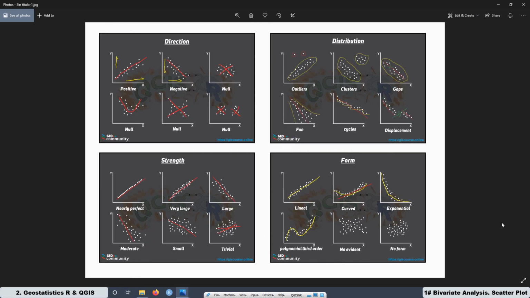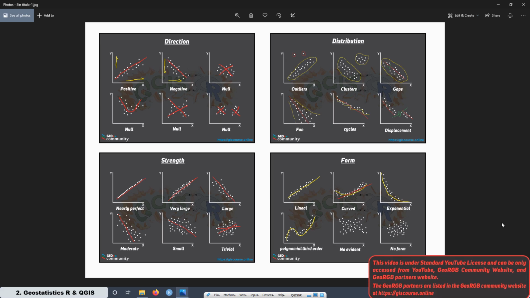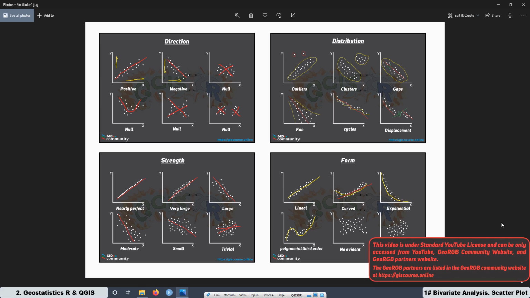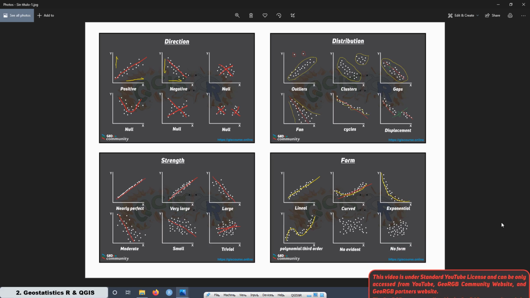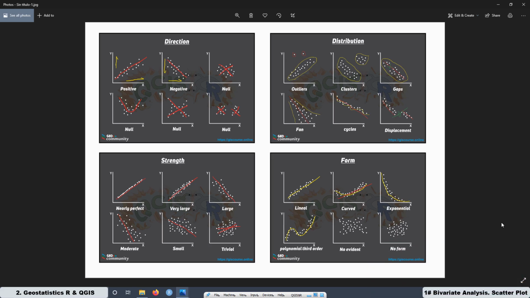Then we are going to see what kind of information we can extract from the scatter plot. Then we are going to be talking about the direction, distribution, strength, and form. And also we are going to see how important it is to understand the data that we have in the scatter plot to make proper mathematical models related to kriging and co-kriging interpolation.